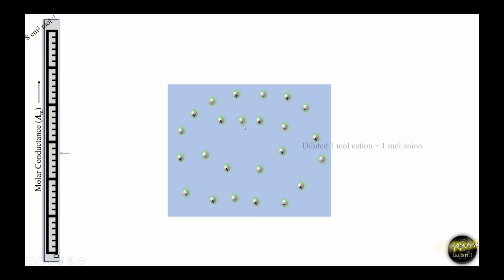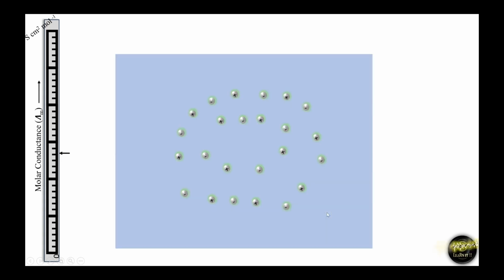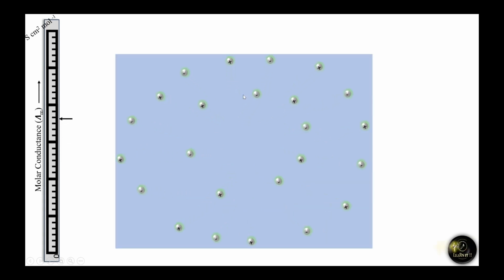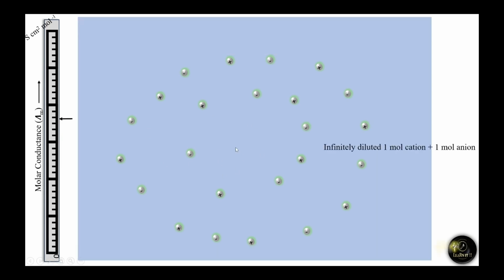When we add more water, these ions get more freedom. Now they are diluted, 1 mole of cations plus 1 mole of anions. The molar conductance increases because of this freedom. But after a certain point, even if we add more water, the molar conductance is not going to vary because the ions have got enough freedom that they are out of electrostatic interaction.